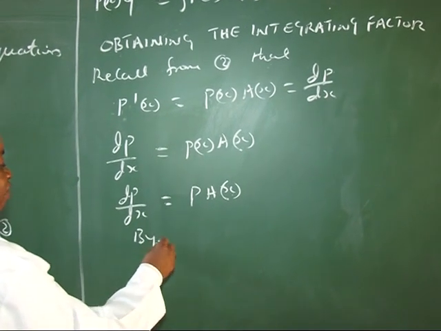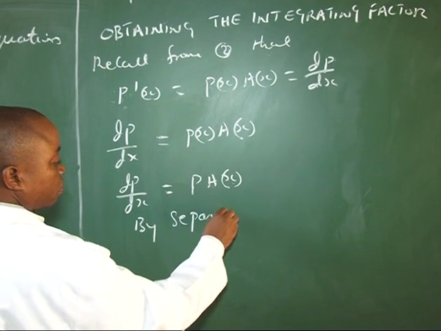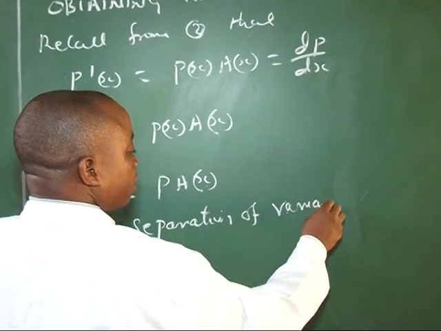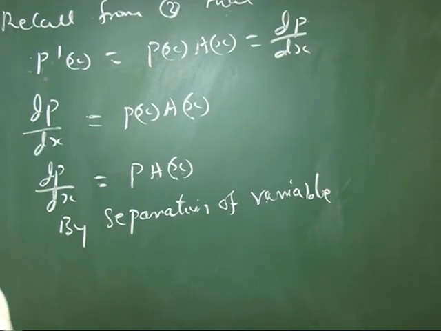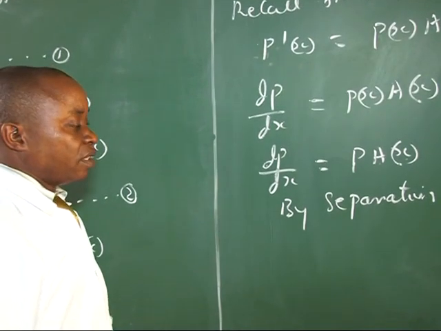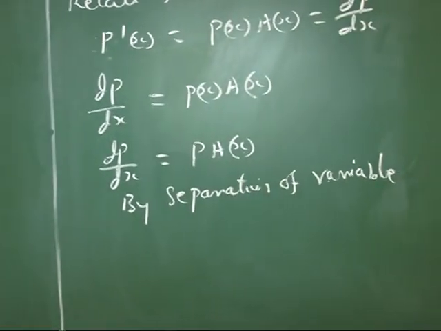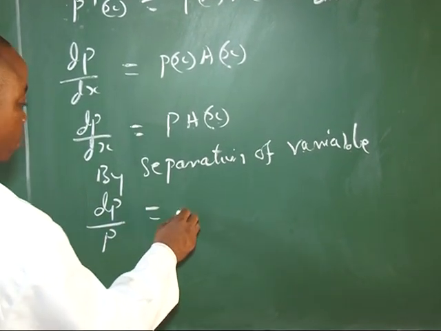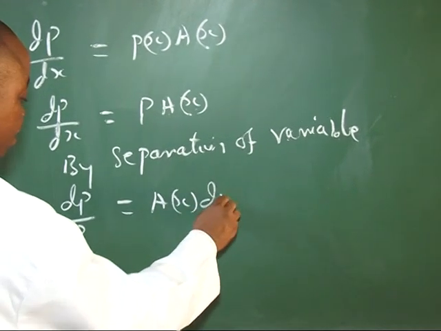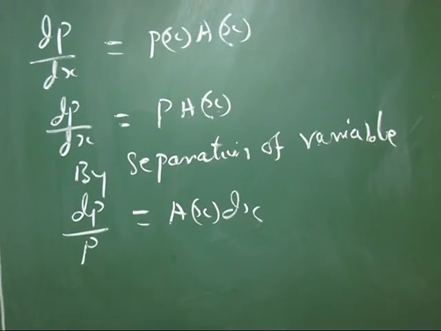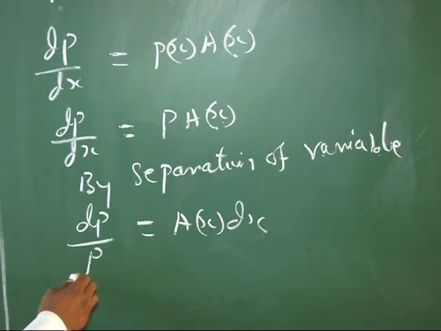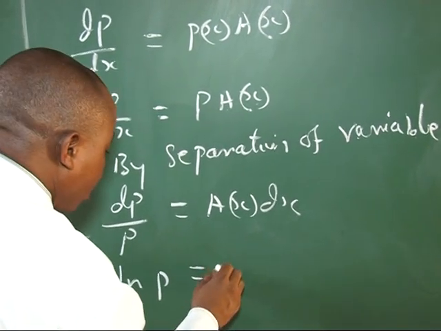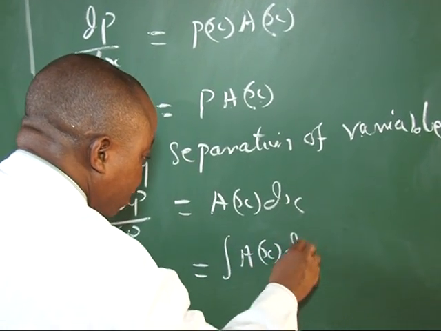Now by separation of variables, which we have learned from the starting of these lectures, we can write here dp over p is equal to a of x dx. Now integrating both sides, we have ln p equal to the integral of a of x dx.